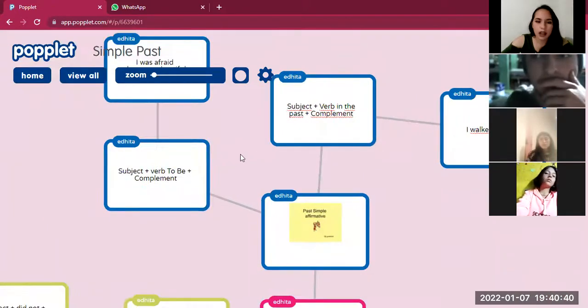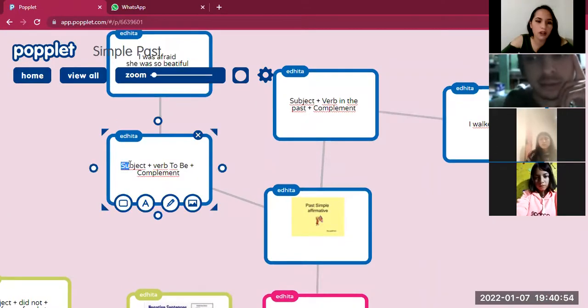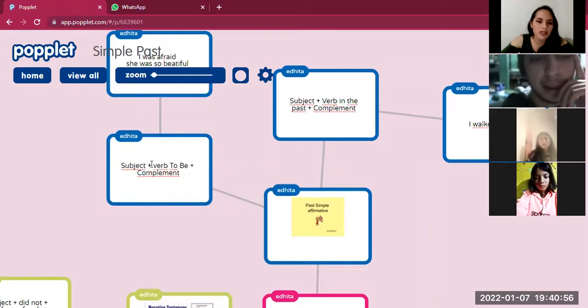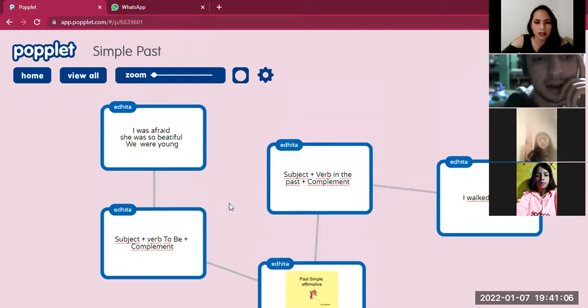And as I already told you, the verb to be is unique. Let's say that it's very different. To make a sentence with the verb to be, we use this grammatical rule: subject plus verb to be plus complement. For example, the verb to be in the past. For example, I was afraid. She was so beautiful.